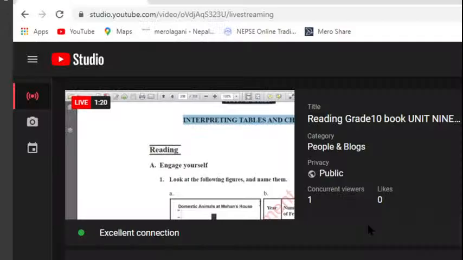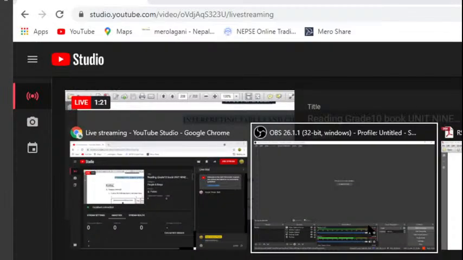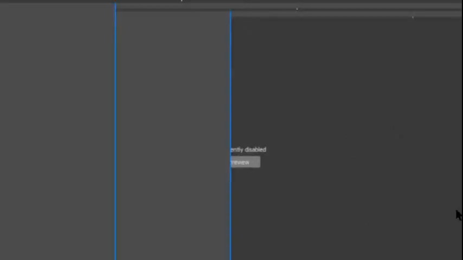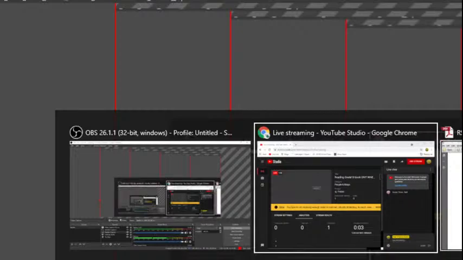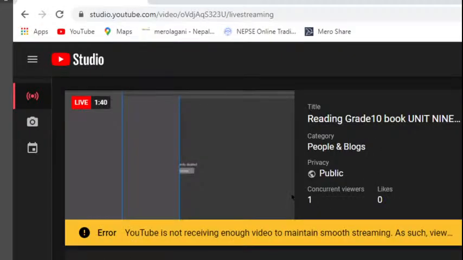It seems like there is a little problem in displaying what I'm displaying right now. Let's see whether it is correct or not. If it is not correct, let's make it correct. Okay, something is wrong somewhere, and since something is wrong, the audience will not be able to understand.